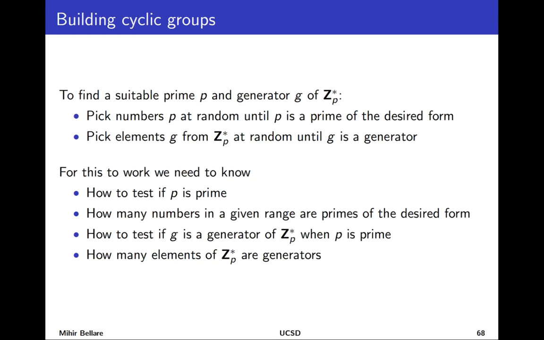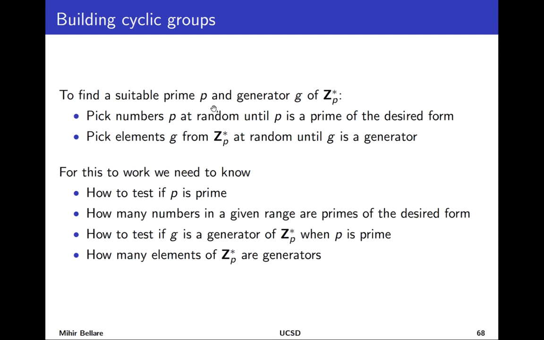The typical and generic way to do this, if you want to find a prime and then find a generator for Z_p star, is you pick numbers p at random until you find one that's a prime. If you pick one and it's not a prime, you just pick another one until you succeed. Once you have the prime, you repeat for finding a generator. You pick elements of the group at random and test until you find one that's a generator.